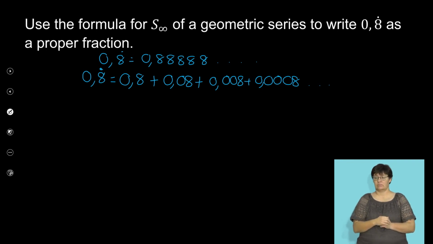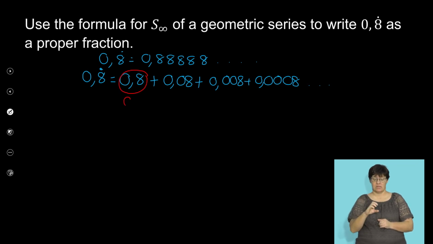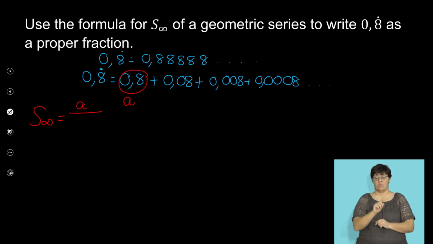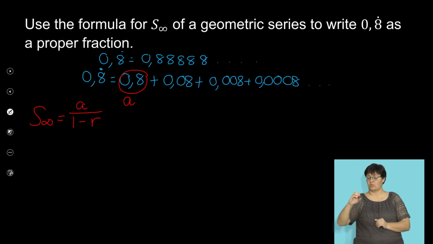I'm just going to have a look, and I can see that if this was a geometric series, 0,8 would be my A value. If I want to actually be able to substitute into the sum to infinity, which we know is equal to A over 1 minus R, I need to actually see what the value of R is. So from 0,8 to 0,08 to 0,008, I need to establish what my common ratio is.